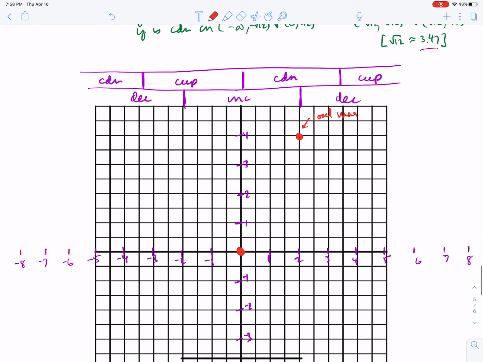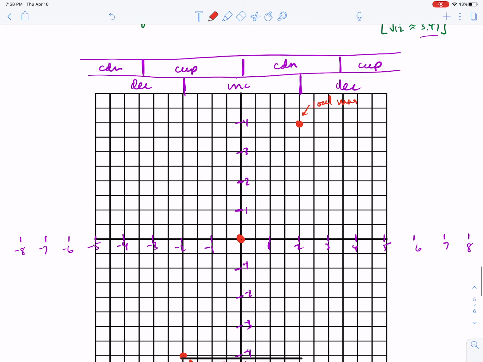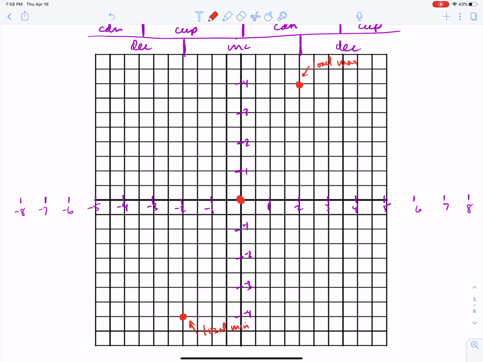And then inflection points were at minus square root of 12 and positive square root of 12. And so that's going to be, roughly speaking, right about here. So about -3.5 and then -3.5.